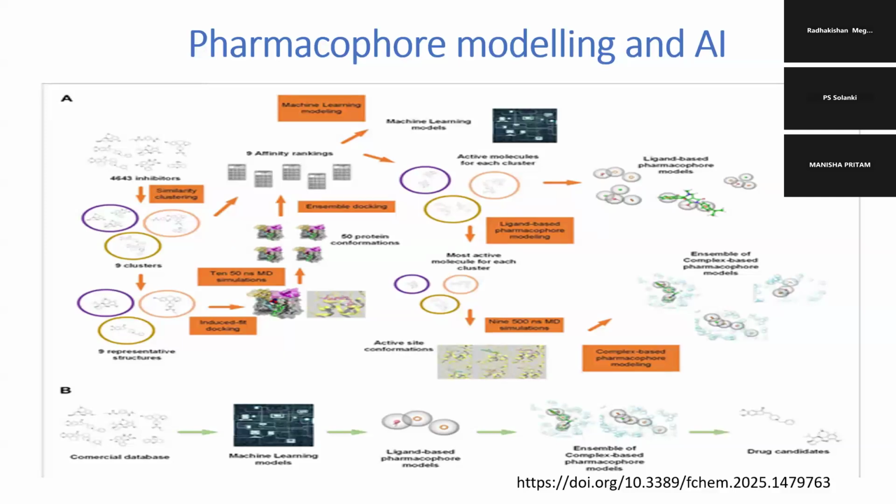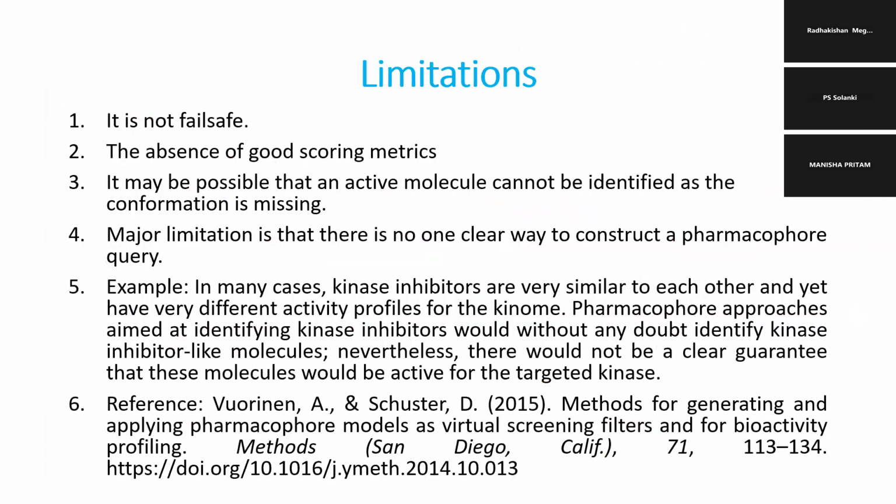But again, there are some limitations of pharmacophore-based models. Like it is not fail-safe. There is a possibility that you have found 20 molecules, and when you perform wet lab experiments, 5 or 10 can fail. So it's not fail-safe. And again, there is an absence of a good scoring metric.